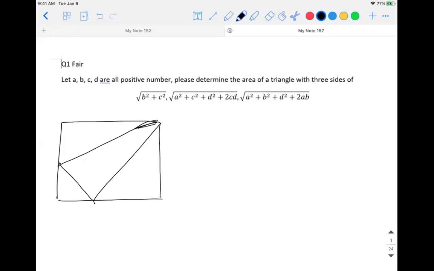I'm just going to write it here: B, C, D, A. As long as you create such a rectangle with all the sides, you'll find that these are the 3 sides of this triangle. If you want to calculate the area, instead of using Heron's formula, you use the big area of the rectangle minus the 3 right triangles, and you get what you need. All right, this is for question number 1.